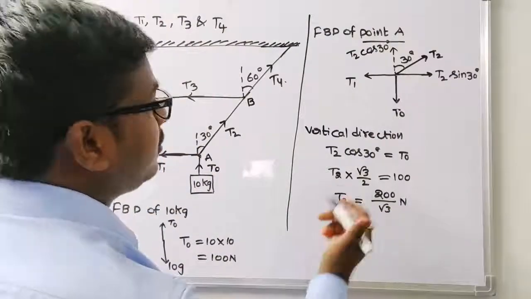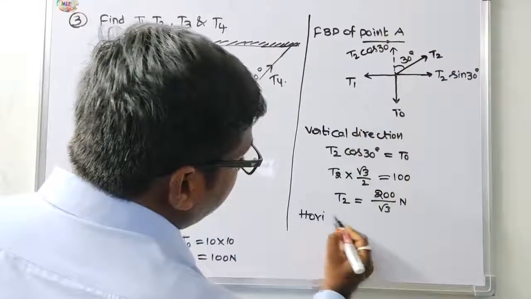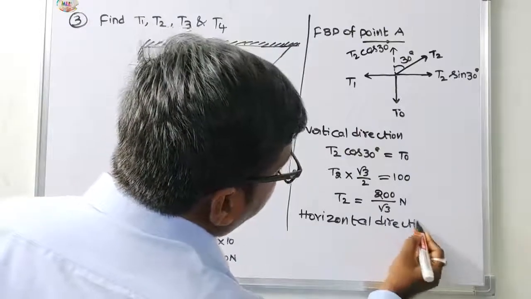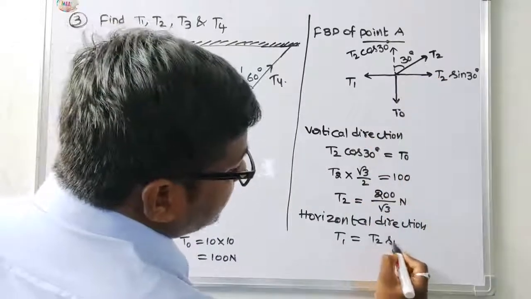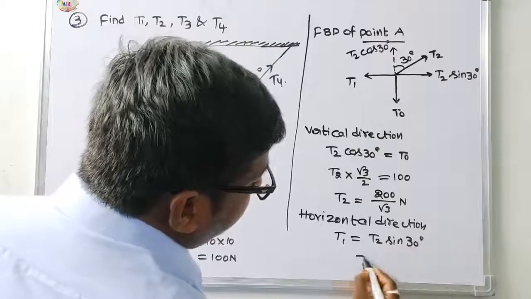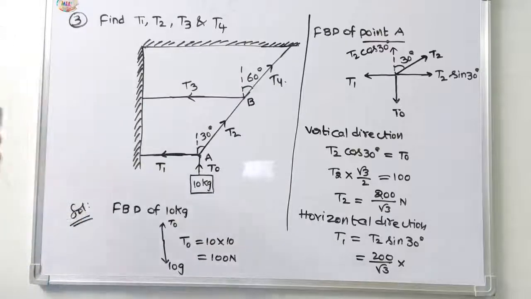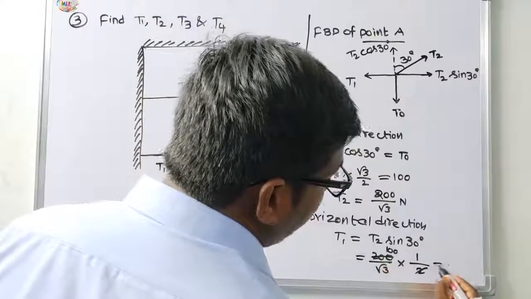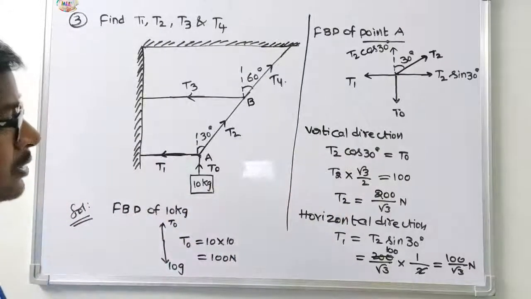This is T2. Then take the horizontal direction, so T1 is equal to T2 sin 30. The T2 value is 200 by root 3 into sin 30, which is 1 by 2. 2 ones are 2, 2 hundreds are 200, so that is equal to 100 by root 3 Newton.